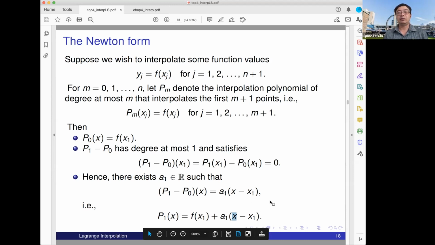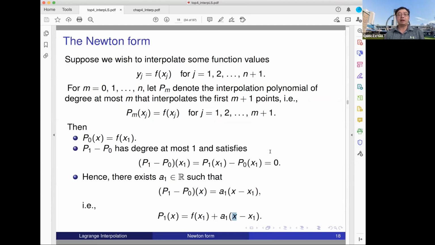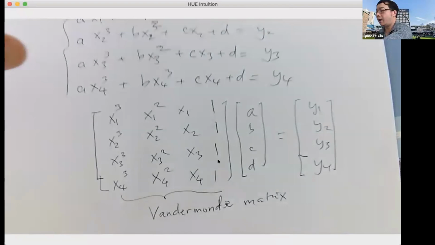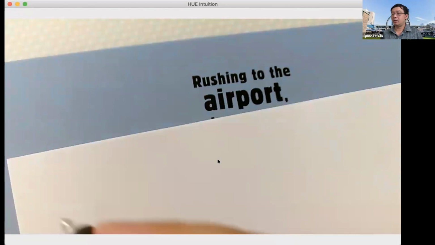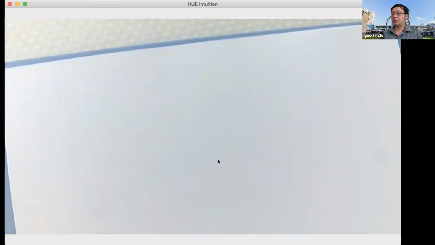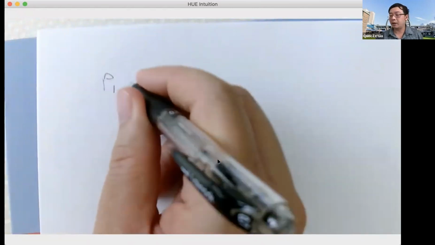Okay. So if you plug it in, you will see that you will have, well, maybe let me solve for it first, yeah. So let me go to the piece of paper. So you have P1, okay, let me put it in here.